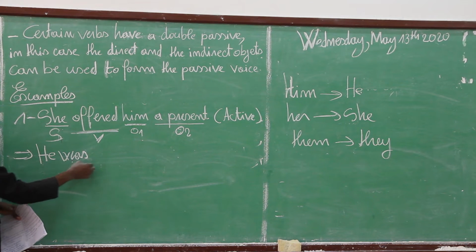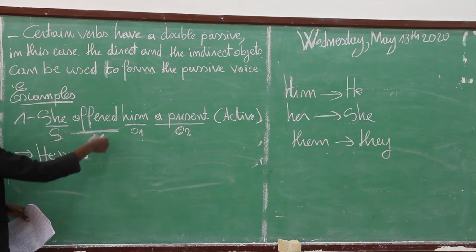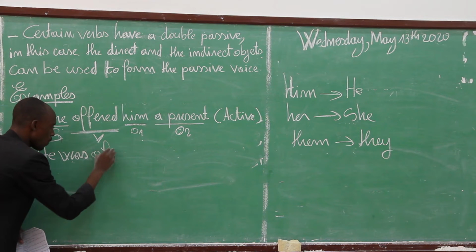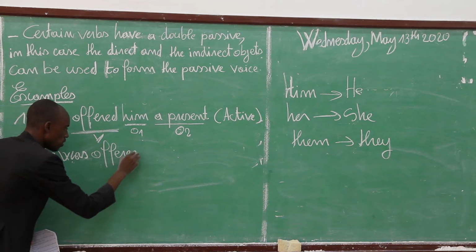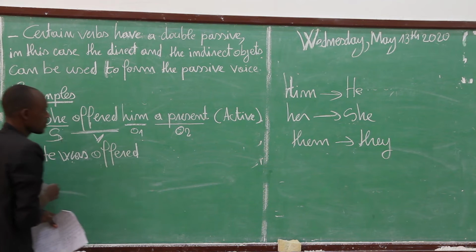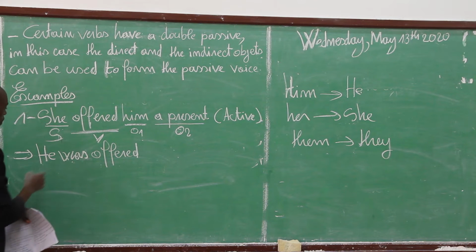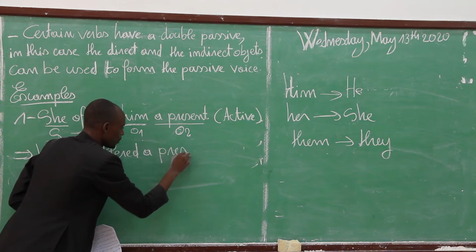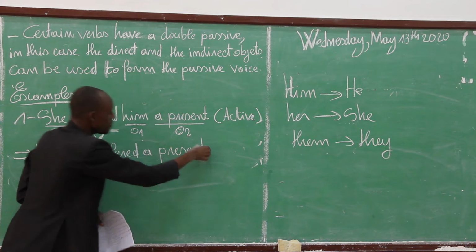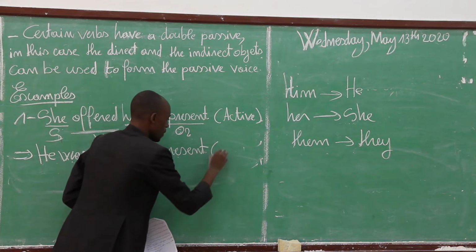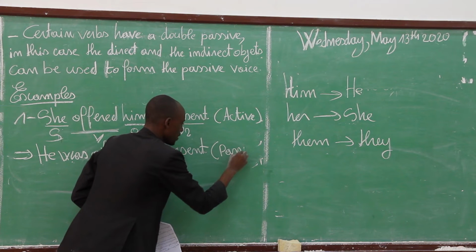He was, followed by the past participle of the main verb in active voice. We have offered. He was offered. And we can take the rest of the object. He was offered a present. This is the first possibility, passive voice.